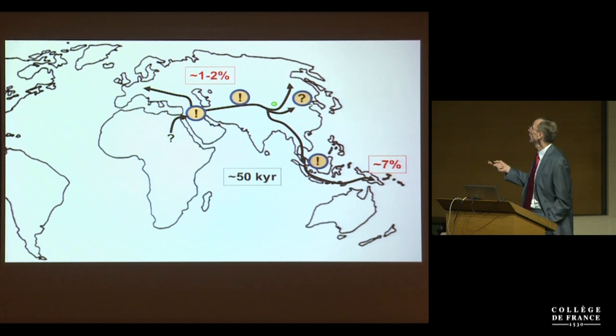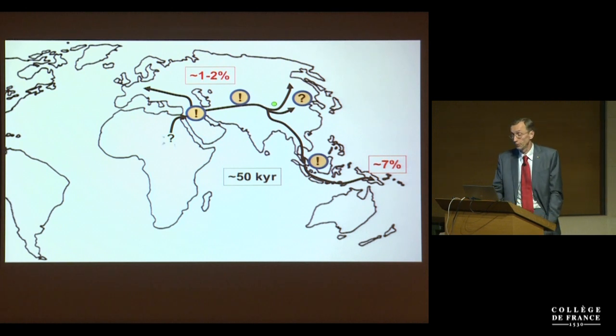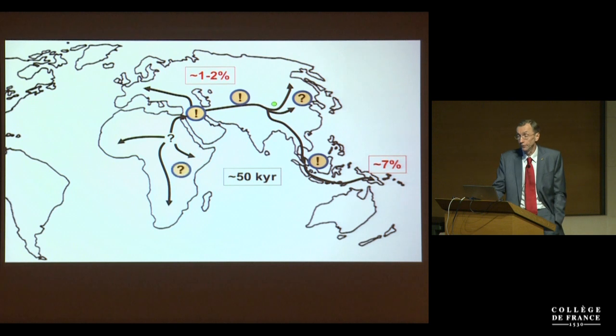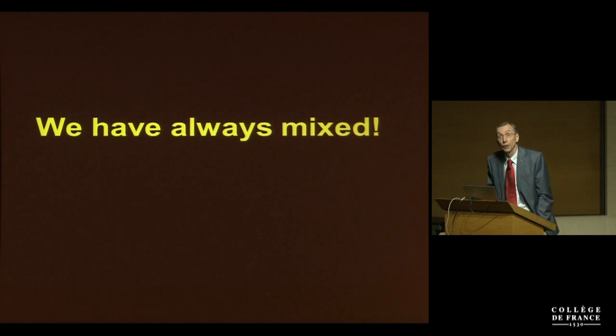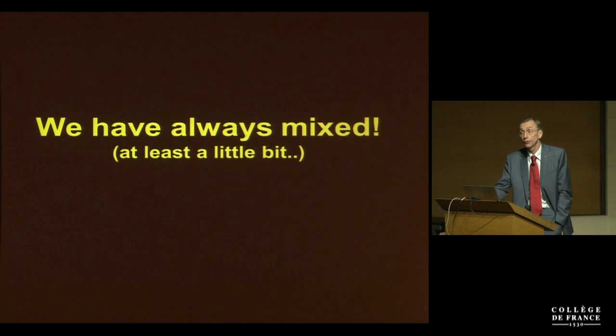I wouldn't be surprised if in the future one found other groups that had contributed in China or indeed in Africa when modern humans spread across Africa. So a take-home lesson from this is that we have always mixed with other groups, at least a little bit.